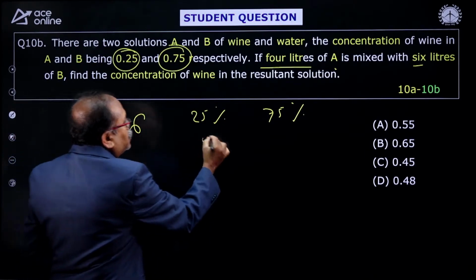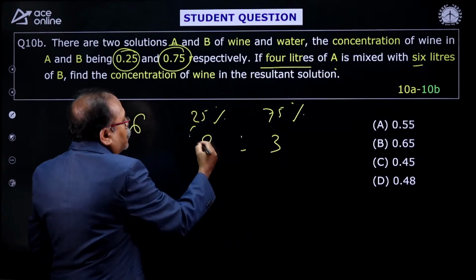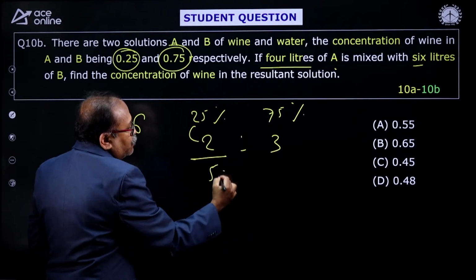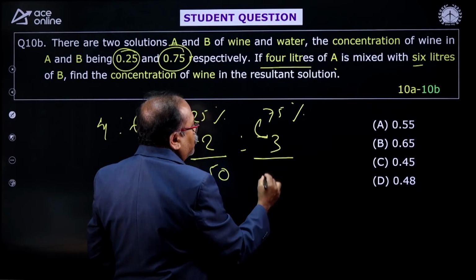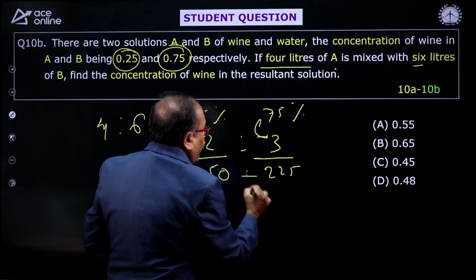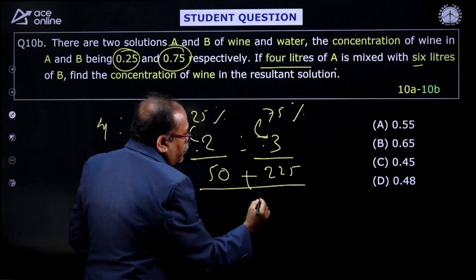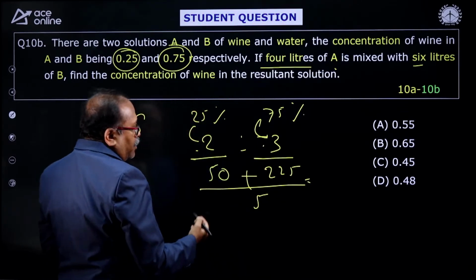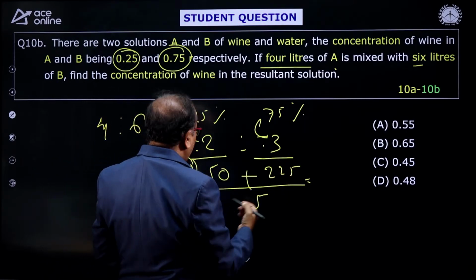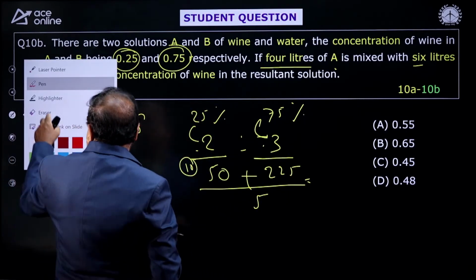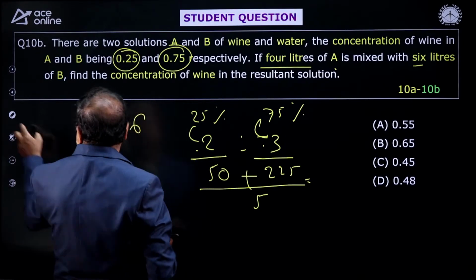So use that ratio, 2:3. Now, 25 into 2, which is 50, and here 75 into 3, which is 225. Add this part and divide it by 2 plus 3, which is 5. I notice that with 5 this gets cancelled 10 times. Instead of that, why not add these two and divide?